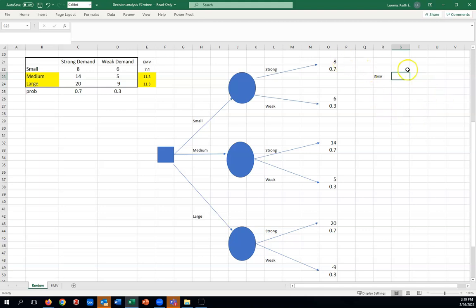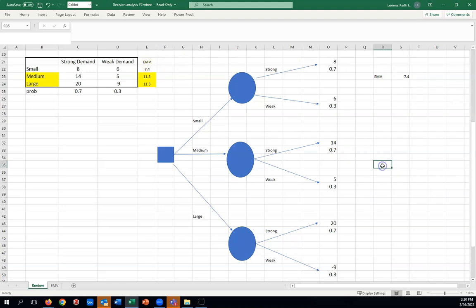Let me do an equal sign. It'd be harder to use sum product on this one because of the way it's written, but it essentially would be the 8. Here, I'll just click on the cell. So it would be 8 times the 0.7, and then plus the 6 times the 0.3. And if we hit enter, we get 7.4, which notice is the same thing we had before.